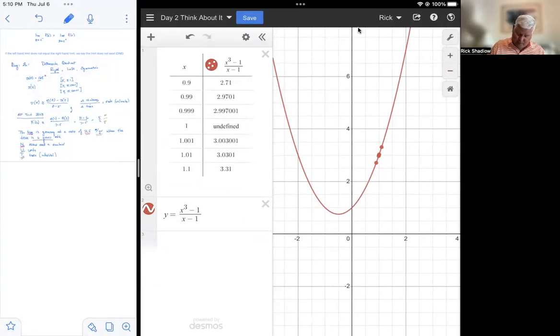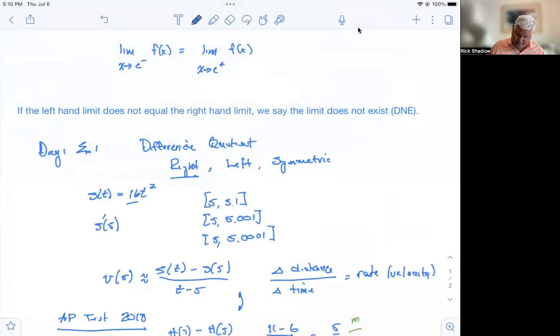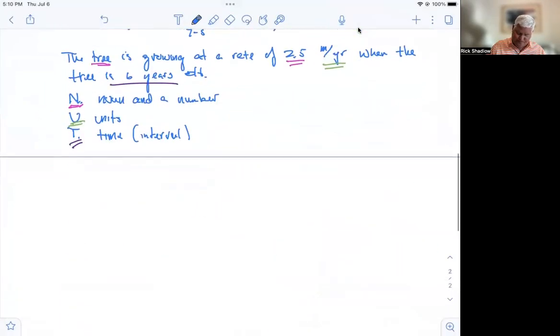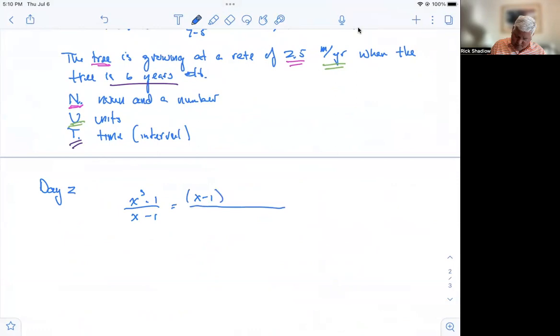3. We can look at that also from an algebraic standpoint, if I do a little factoring. We know that's x minus 1 times the quantity.